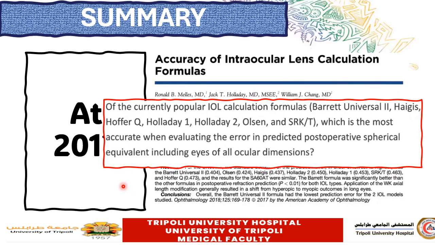They also discovered that the Barrett Universal 2 still holds up better and does better over a wide range of axial lengths, either average size eyes or the extremes.